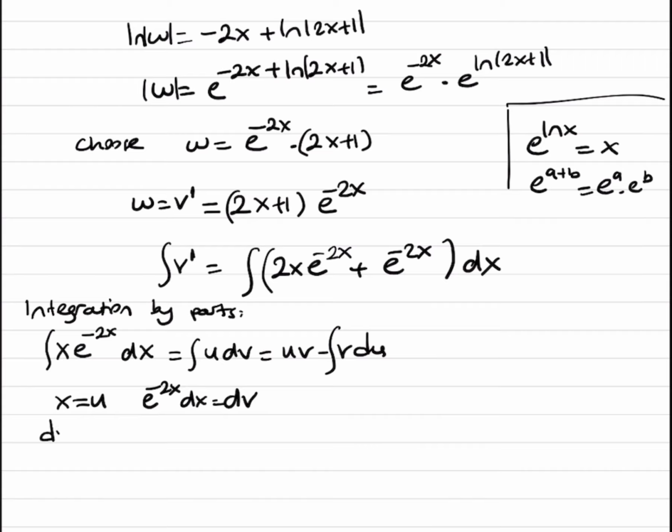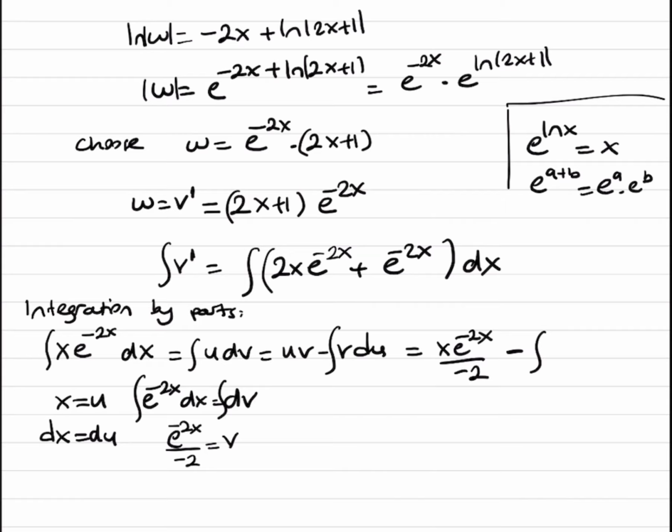So we should find du, dx is equal to du, and we should find v. So e to the power minus 2x over minus 2 is equal to v. And the solution is u times v, x times e to the power minus 2x over minus 2, minus the integral of v du.